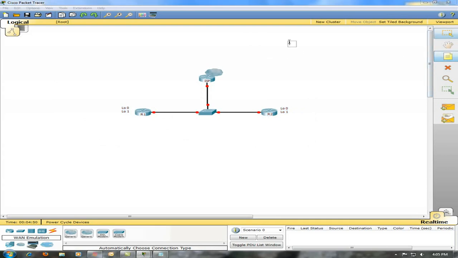Now we need an addressing scheme, and we're just going to make it simple. We're going to do 192.168.1.0/24. And we're going to say that this one has 100, this one has 60, this one has 30, and this one has 20.